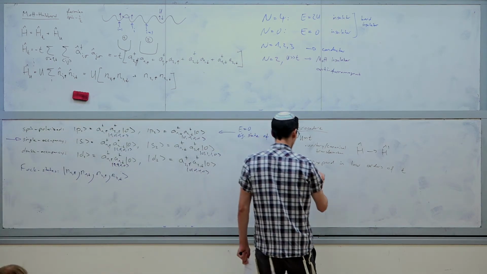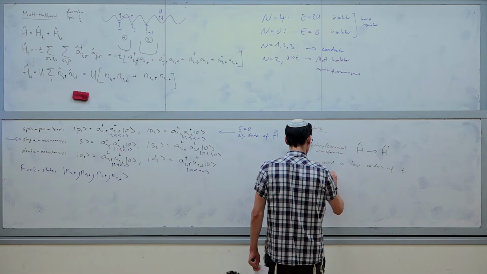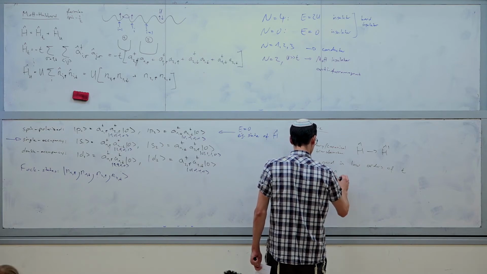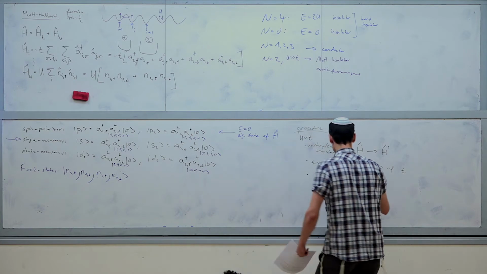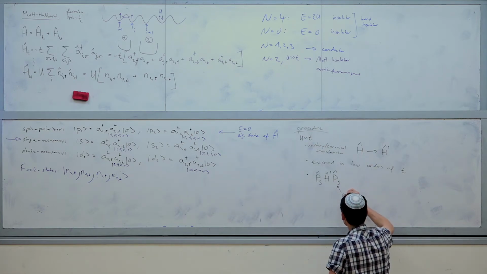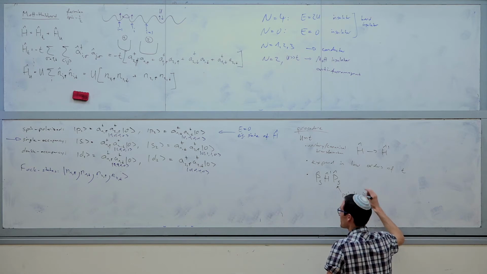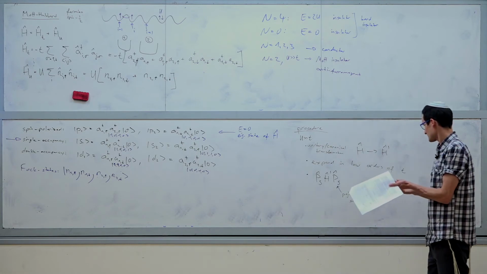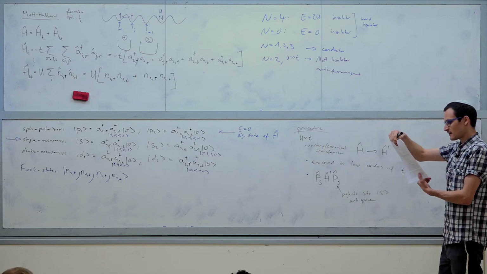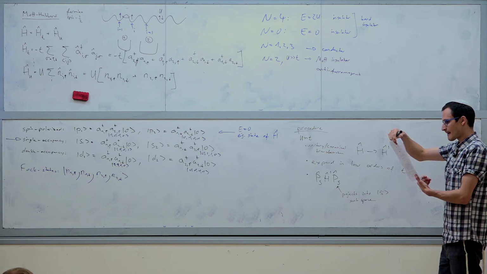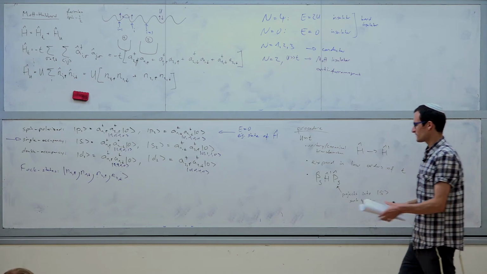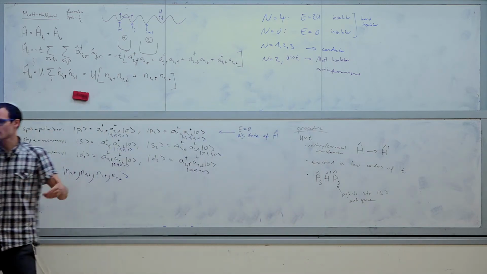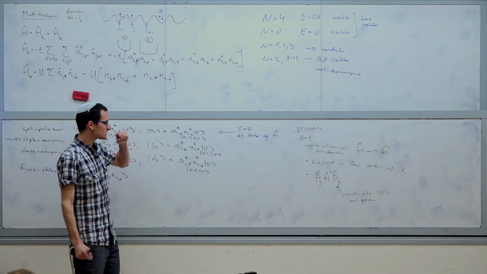And we do this with projection operators, where this P_S projects into the subspace spanned by S1 and S2. So what we're effectively going to do, at the very last step, is throw away the double occupancy states.